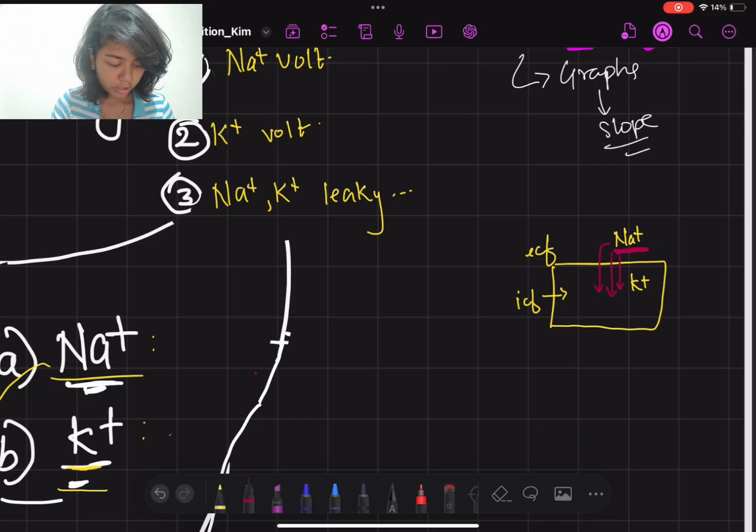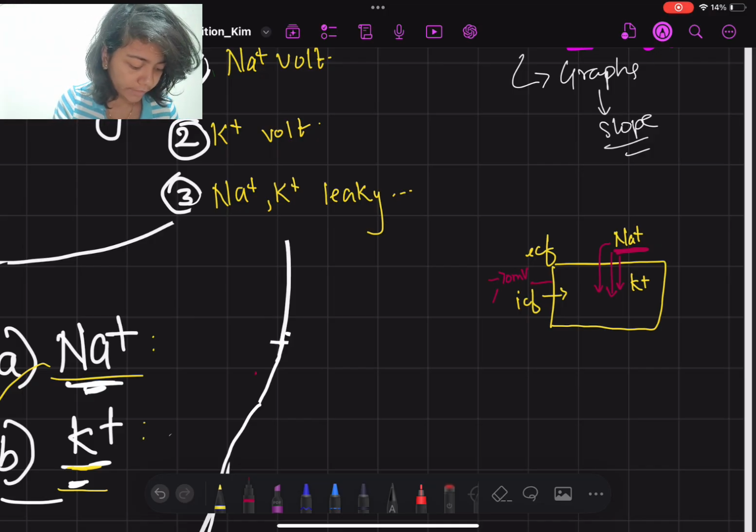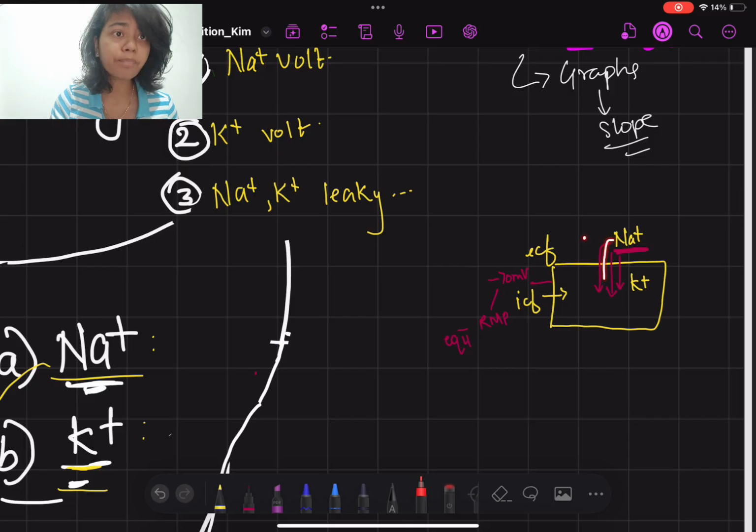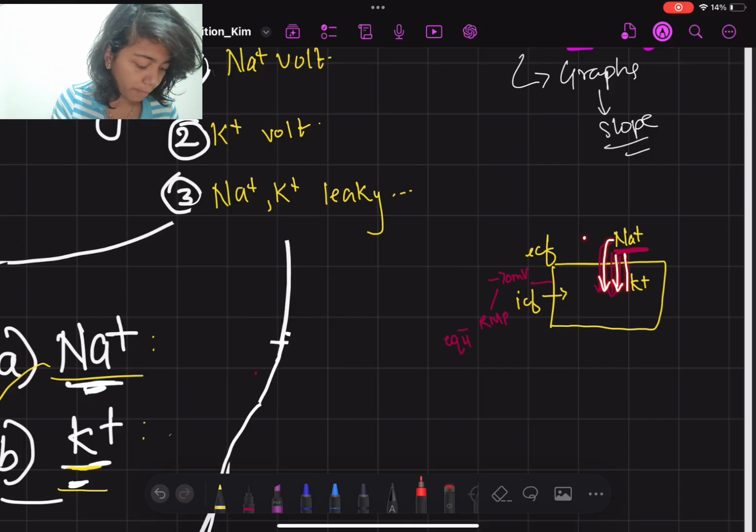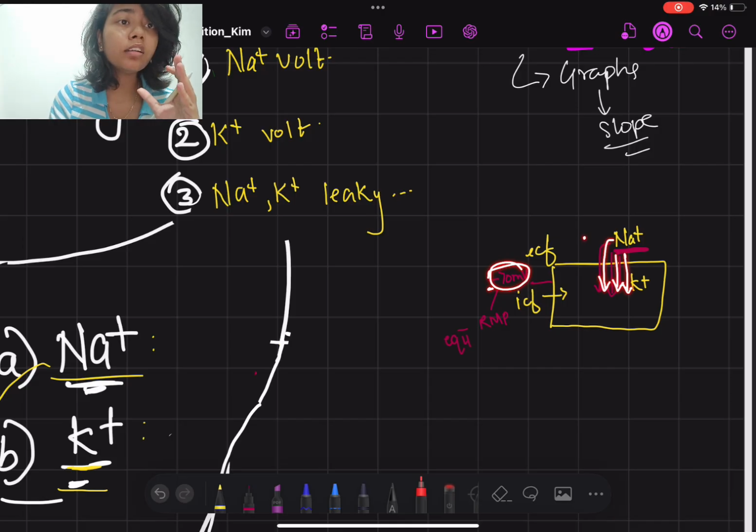Now the cell's membrane potential was minus 70 millivolts, which was your resting membrane potential, and this was your equilibrium potential. Now the action potential has come, the stimulus has arrived, so sodium has entered the cell, and minus 70 will become slightly positive. But what is the law of nature? Everyone wants to move towards equilibrium.